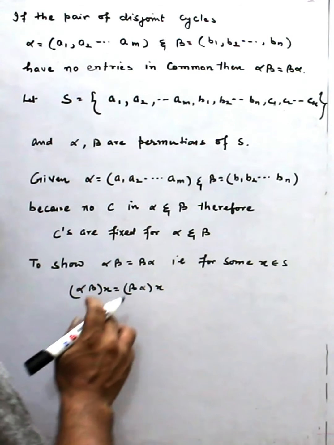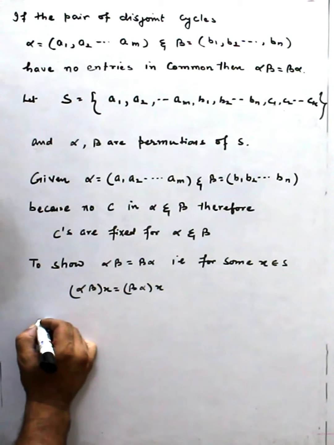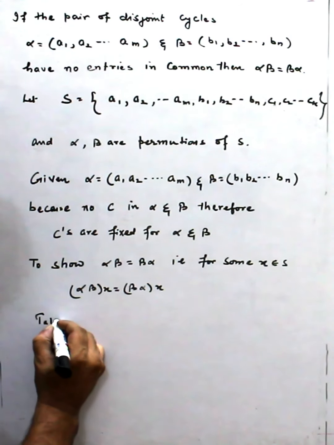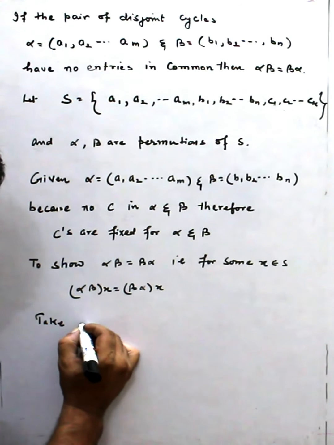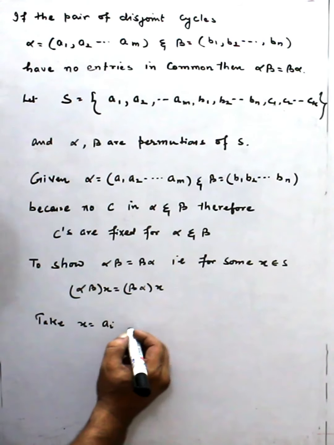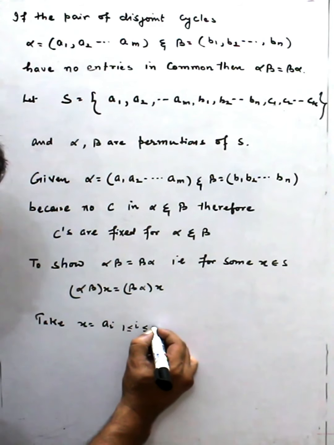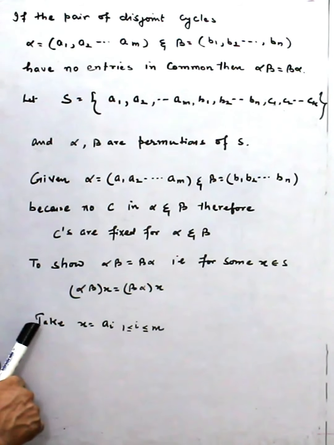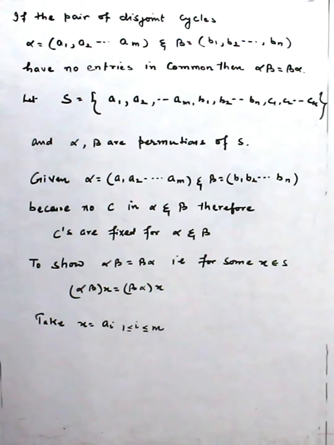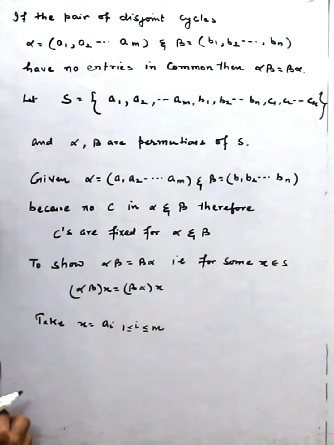Now first we take x falling in the A's. Take x equal to ai, where i varies from 1 to m. Now what is happening here?